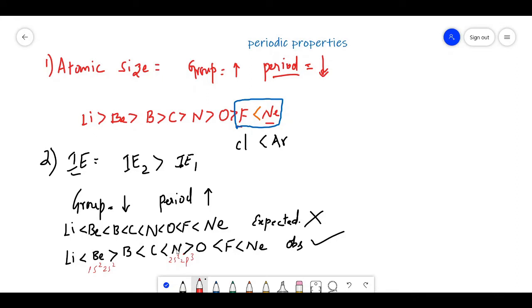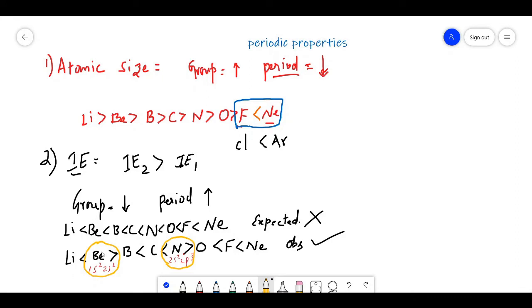So nitrogen will have more ionization energy than oxygen. You have to remember this: all the fifth A group elements will have more ionization energy than the sixth, and all the 2A group elements will have more ionization energy than boron. This is an important case, and this trend will repeat in all the periods.